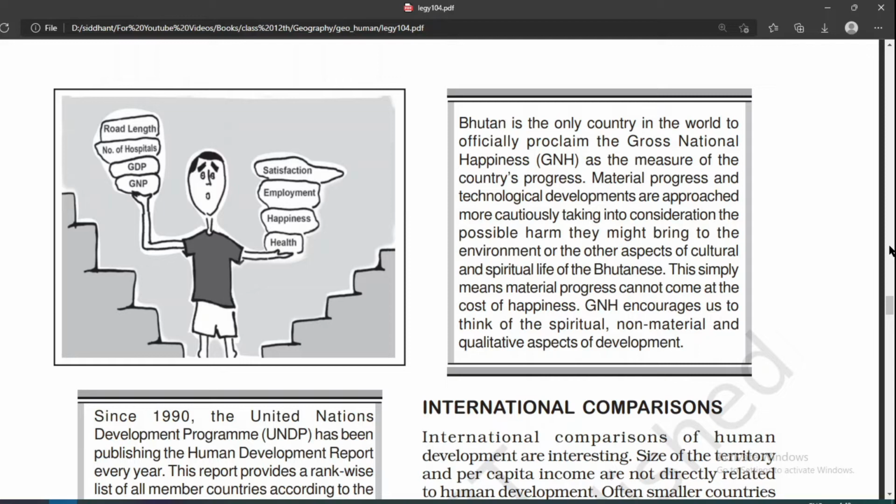Material progress and technological development are approached more cautiously, taking into consideration the possible harm they might bring to the environment or to the culture and spiritual life of the Bhutanese. This simply means material progress cannot come at the cost of happiness. GNH encourages us to think of spiritual, non-material and qualitative aspects of development.